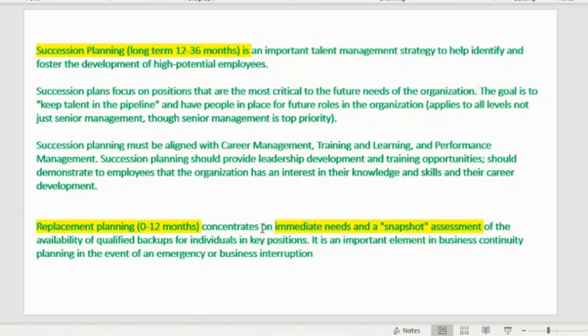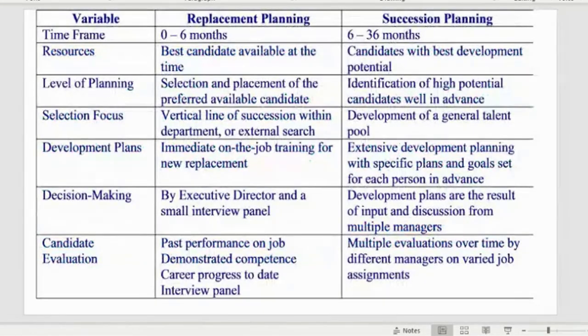It is an important element in business continuity planning in the event of an emergency or business interruption. Now here you can see the difference between replacement planning and succession planning. Like I said, succession planning is more strategic, so it's more futuristic and long term, while replacement planning is more operational and short term.